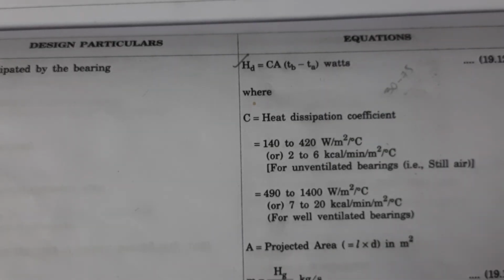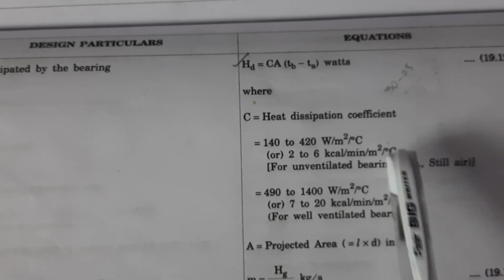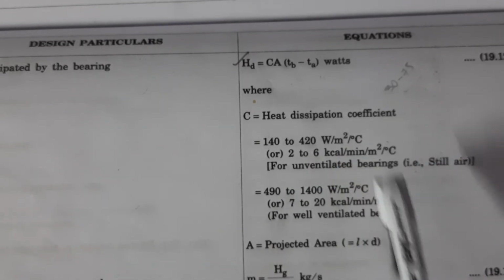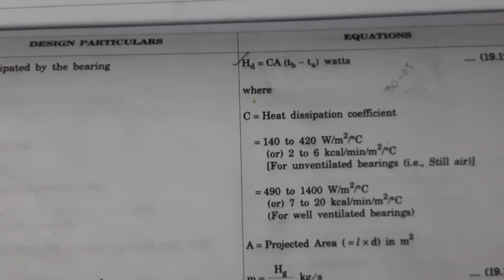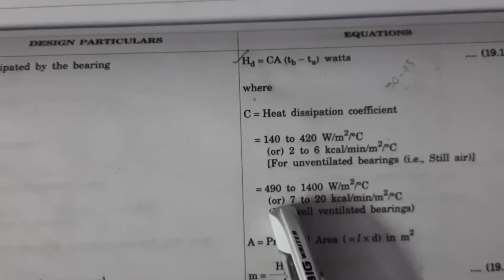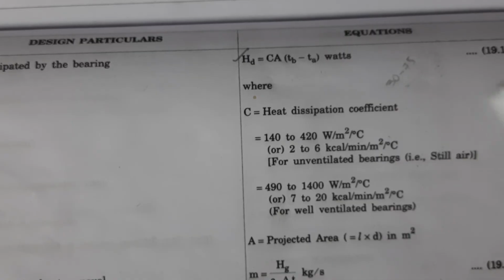But if he doesn't mention the value, just assume it as unventilated bearing or ventilated bearing. If he has mentioned either of them, use the values from that one. If he doesn't mention, just assume the value as unventilated or ventilated. That will lie between 490 to 1400 or 140 to 420. Okay, these are the values and you can use any of them if he doesn't mention the value of C or which type of bearing it is.